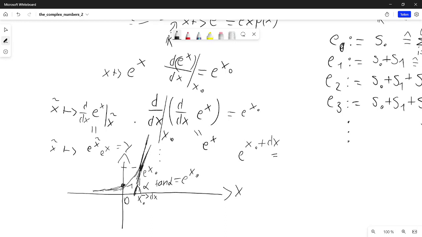That's the same as e^x0, the function value here, plus dx multiplied by e^x0 plus something very small, right? That is just the error, the imprecision that we have. But if dx is very small, this goes, of course, to zero, right?